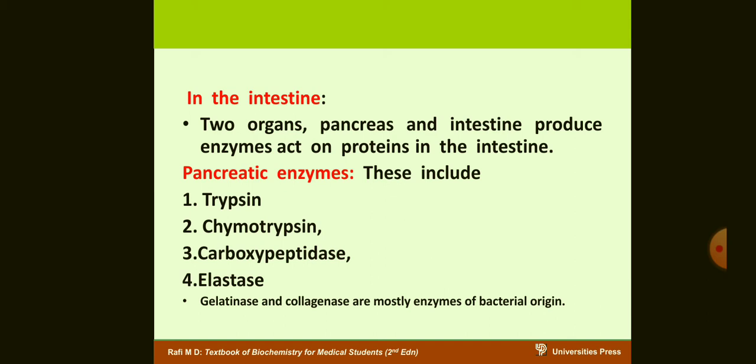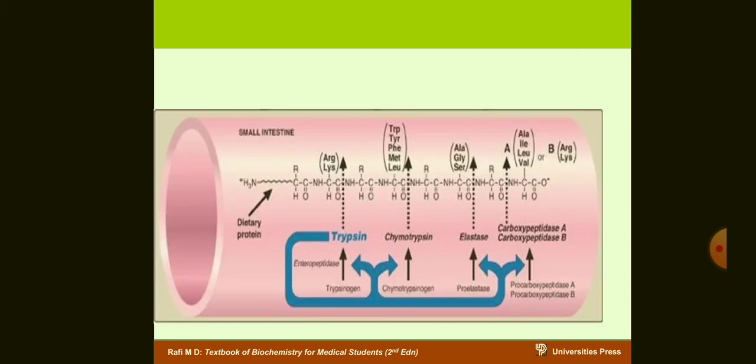In the old literature, gelatinase and collagenase were also discussed as intestinal enzymes in mammals, but these are actually enzymes of bacterial origin. They are not directly concerned with mammalian protein metabolism. So in the intestine, there are four enzymes which act.